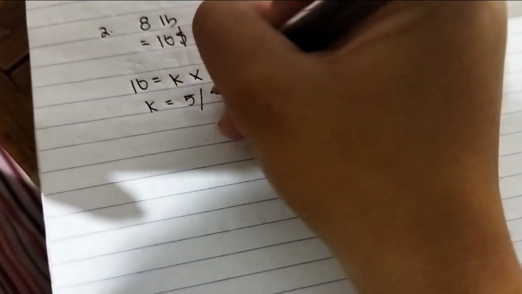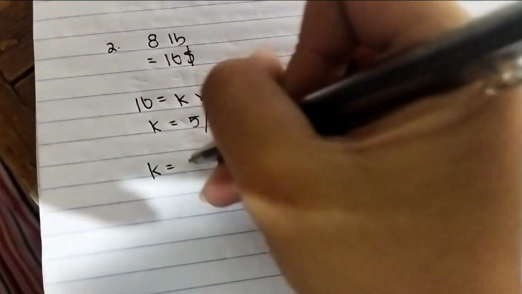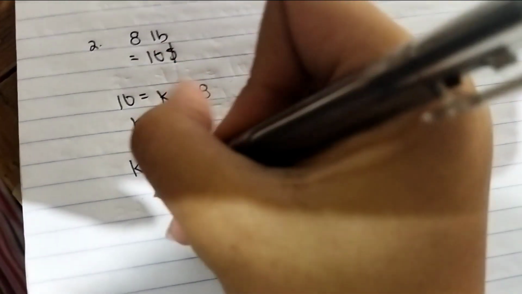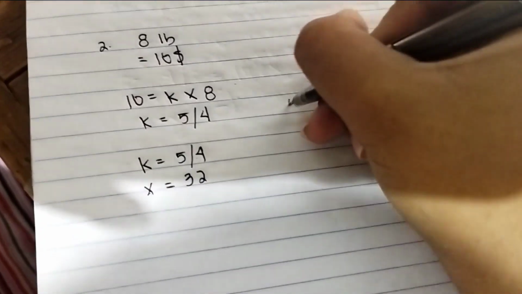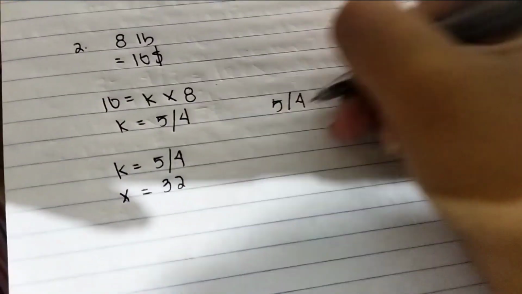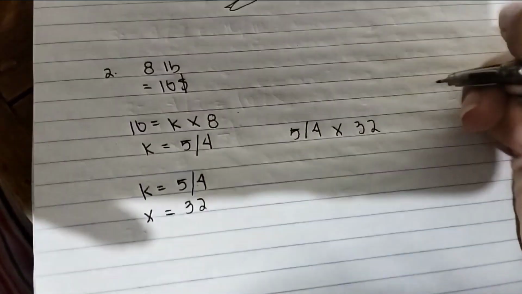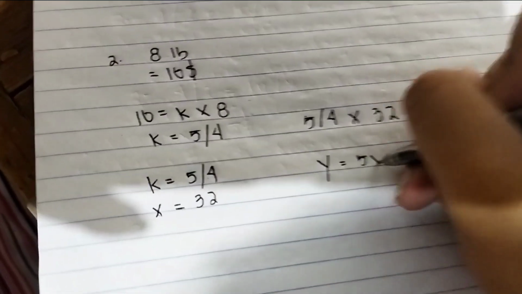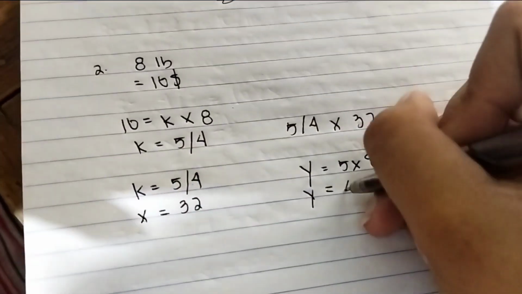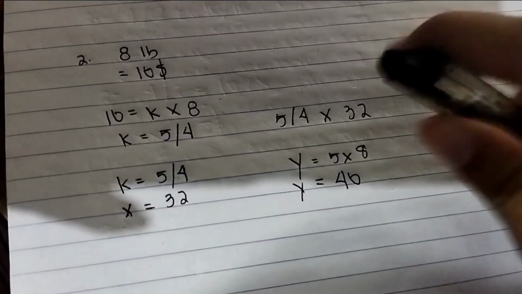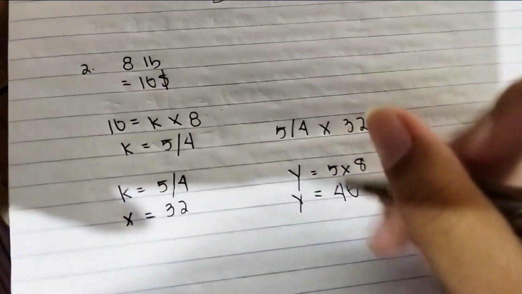On substituting the values, k is equal to 5 divided by 4. Now putting the value of k is equal to 5 divided by 4 when x is equal to 32, we have the cost of 32 pounds of apples. So, 5 divided by 4 times 32. So, y is equal to 40. The answer is, the cost of 32 pounds of apples is $40.